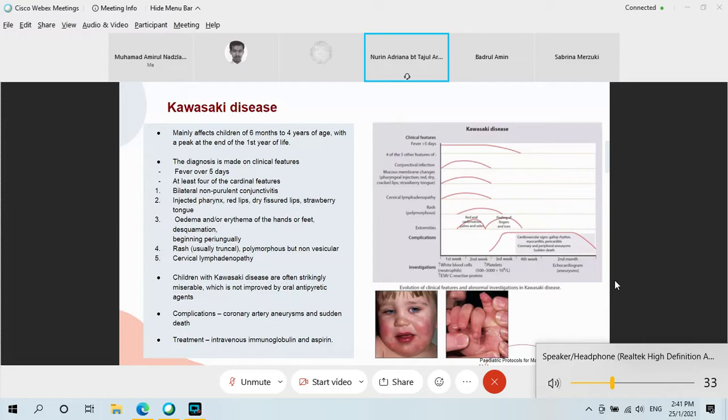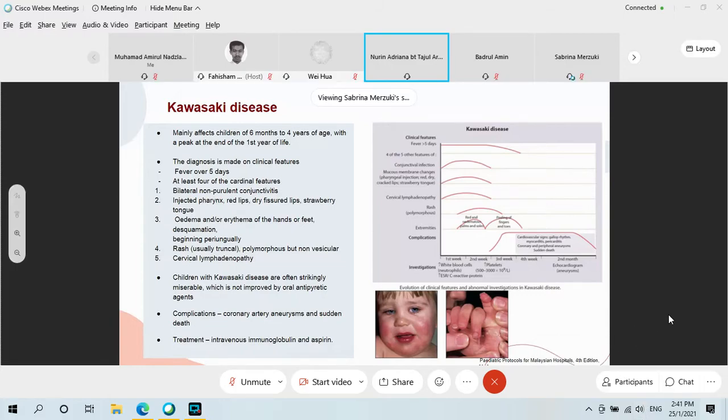And also, if you can see on the right side, there is an investigation to actually support the diagnosis of Kawasaki disease. So investigations are done. In the first week, you can see increase in white blood cell, increase in CRP and ESR. And also in the second week, you can see increase in the platelet. Next.